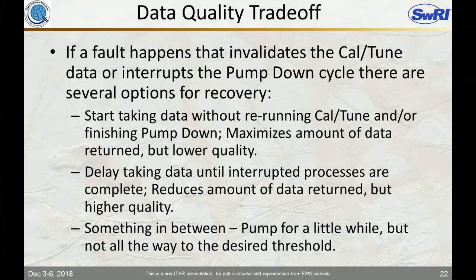The other option is to say, well, if we don't tune, the data is worthless. So we have to do tuning even if we miss the entire in-run. So you can allow the tuning process to run as long as you want. Or you can do something in between where you're willing to give up, say, half of your in-run or your entire in-run, but when you get to the closest approach, you're taking data regardless of the configuration.